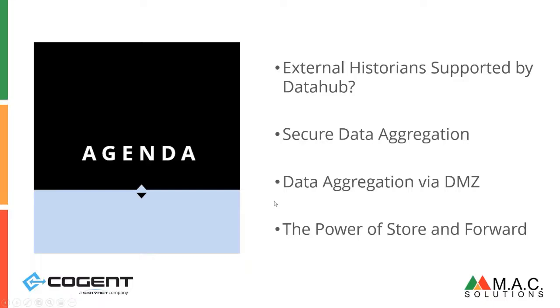So the agenda for today is: what are the external historians supported by DataHub? How do we achieve secure data aggregation? And then how do we get the data through the DMZ? As you all know, according to the NIS2 directive, more and more control systems are being deployed using DMZs.